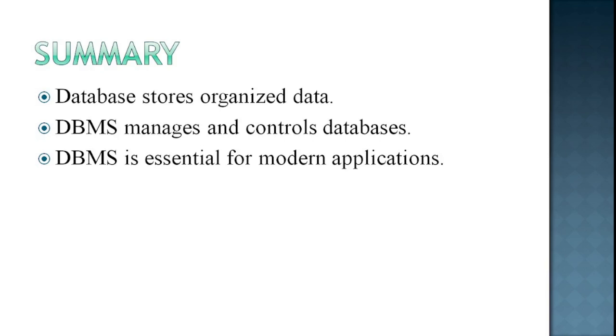This is software to create and manage databases. It is literally essential for modern applications. Each and every website and application uses a database management system to store data efficiently and manage it. So we already learned what a database is, what data is, and why we use a database management system.